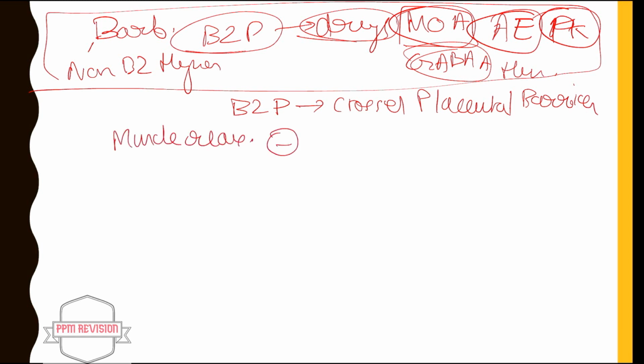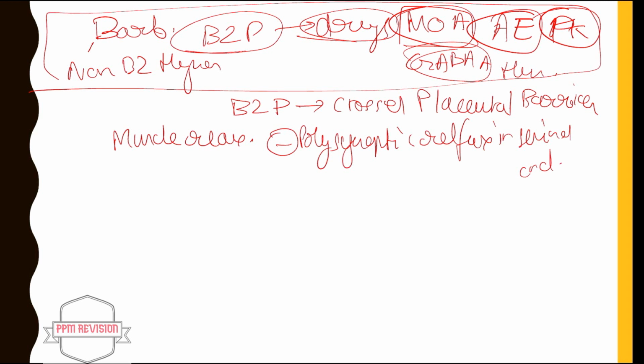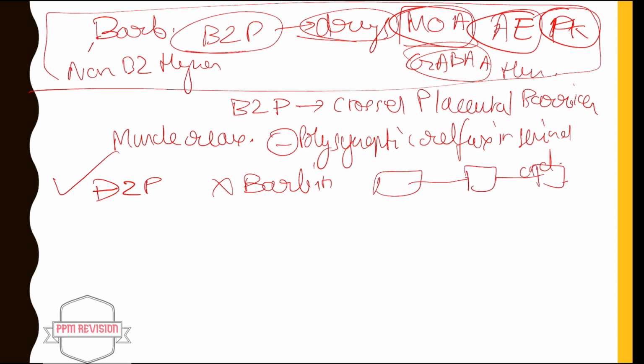It inhibits polysynaptic reflex in the spinal cord. This is also important. Then why is benzodiazepine preferred and not barbiturates? I've told you the structure, and if you're able to recollect this, I can tell you a clue. This was DI. Okay, so now that is done.